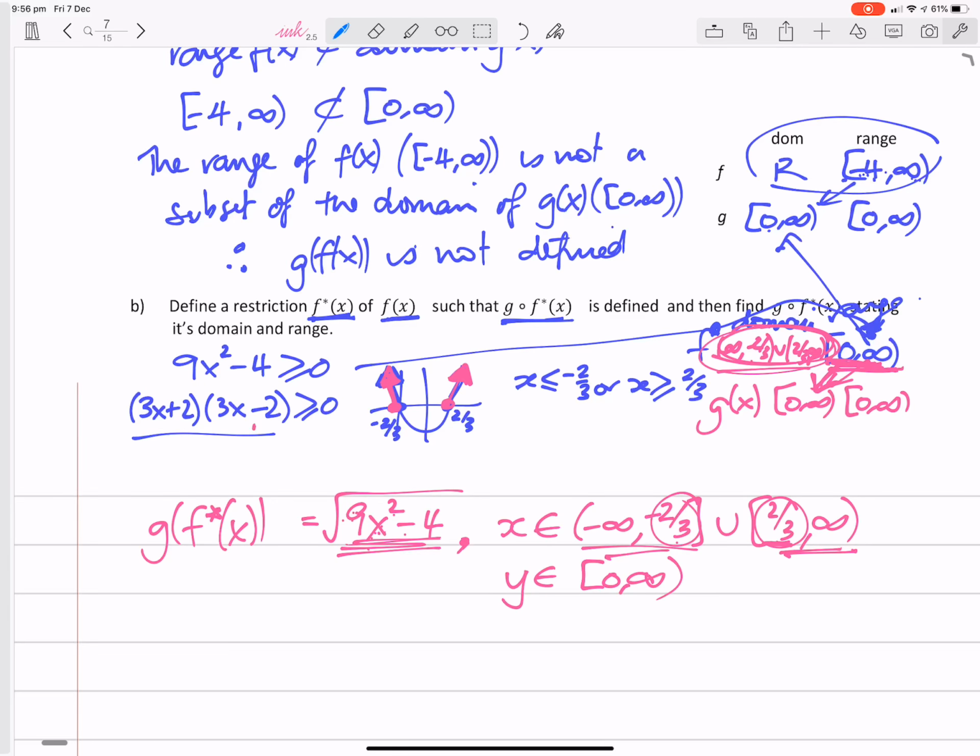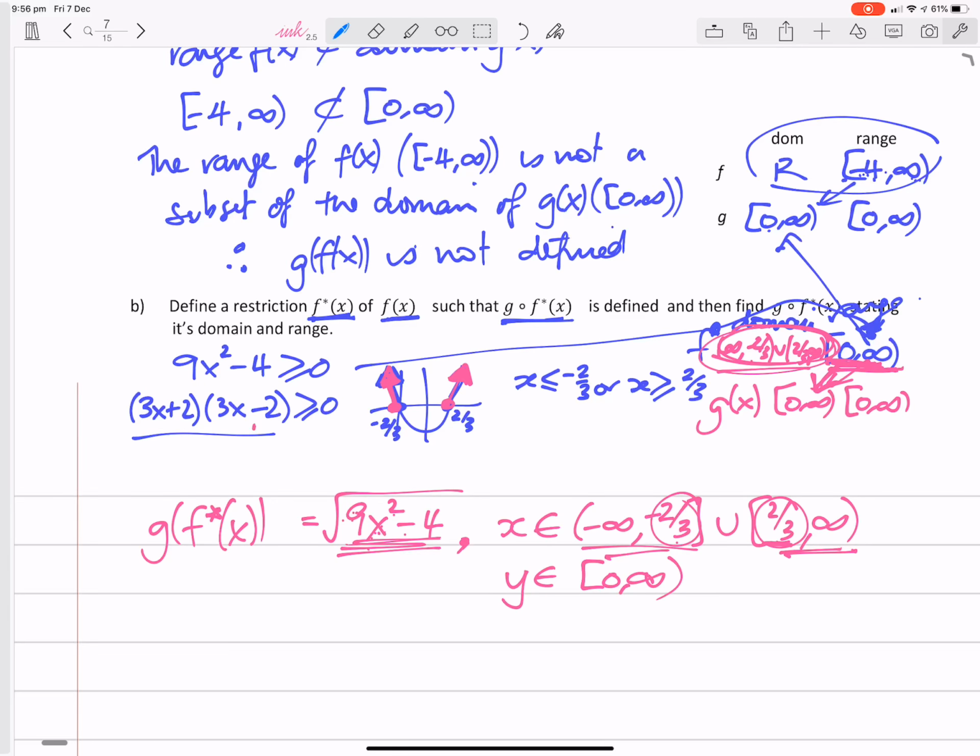Hopefully you get it. It's pretty tricky. Okay, so this is an exam question. They actually had 2 or 3 questions like this on a Calc 3 exam. So it shows the importance of knowing and understanding composite functions.